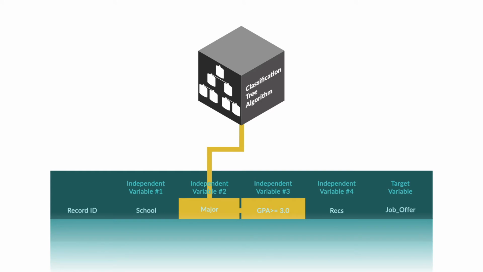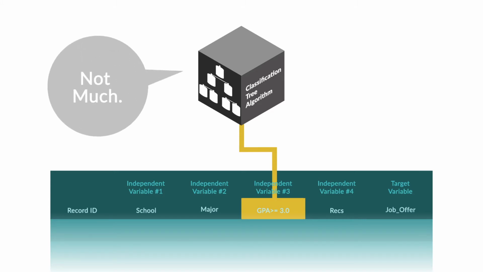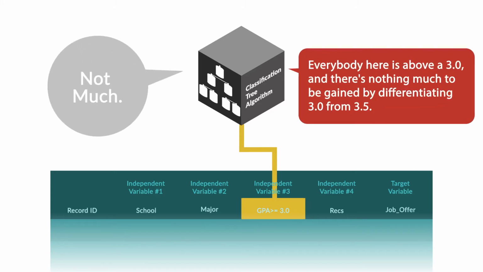We ask, if we only use the student's GPA for everybody with a GPA of 3.0 or better, how well would that predict hiring of the student? It says, not much. Everybody here is above a 3.0, and there's nothing much to be gained by differentiating 3.0 from 3.5.